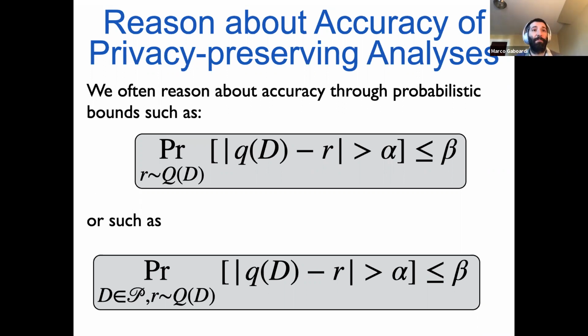You can think about this P here as the population. So we are looking at how well our analysis performs with respect to how it would perform on the population, so not on the specific data set.